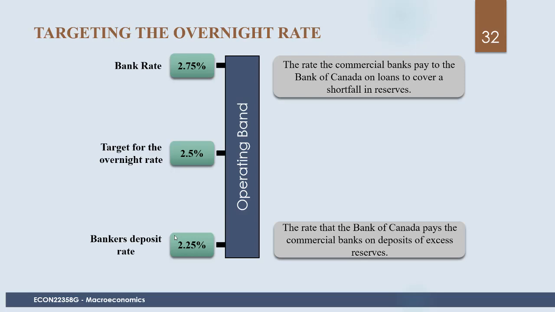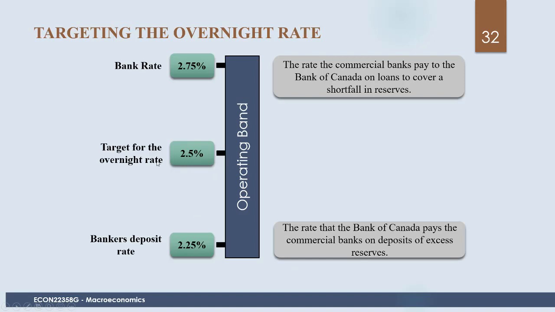So if there are a lot of commercial banks with, say, excess reserves, then the interest rate might start falling towards this banker's deposit rate. And so the Bank of Canada would probably sell government securities in order to reduce the excess reserves at the banks, so that it has the effect of increasing the interest rate.